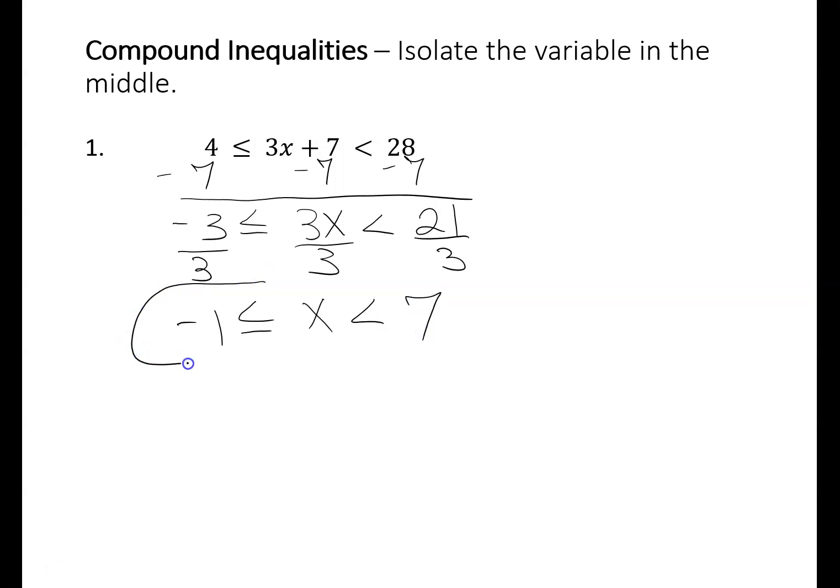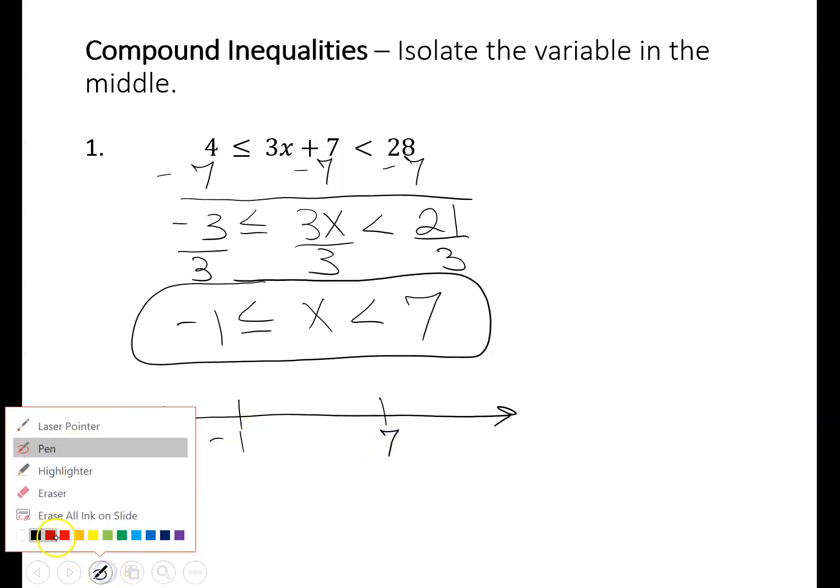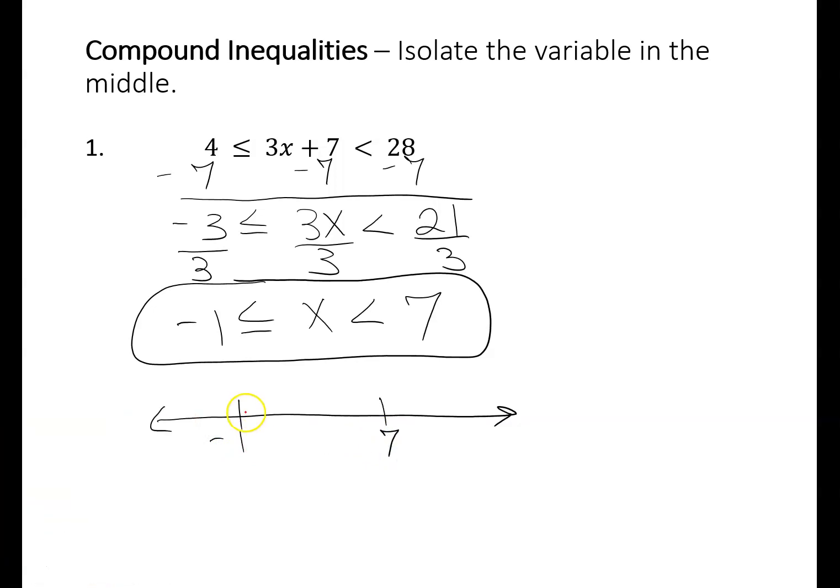So now the x has been isolated in the middle. Remember to read compound inequalities starting with the x. It says x is greater than or equal to negative 1 and x is less than 7. So to graph, we need 2 tick marks, negative 1 and 7, and x can be any number in between.